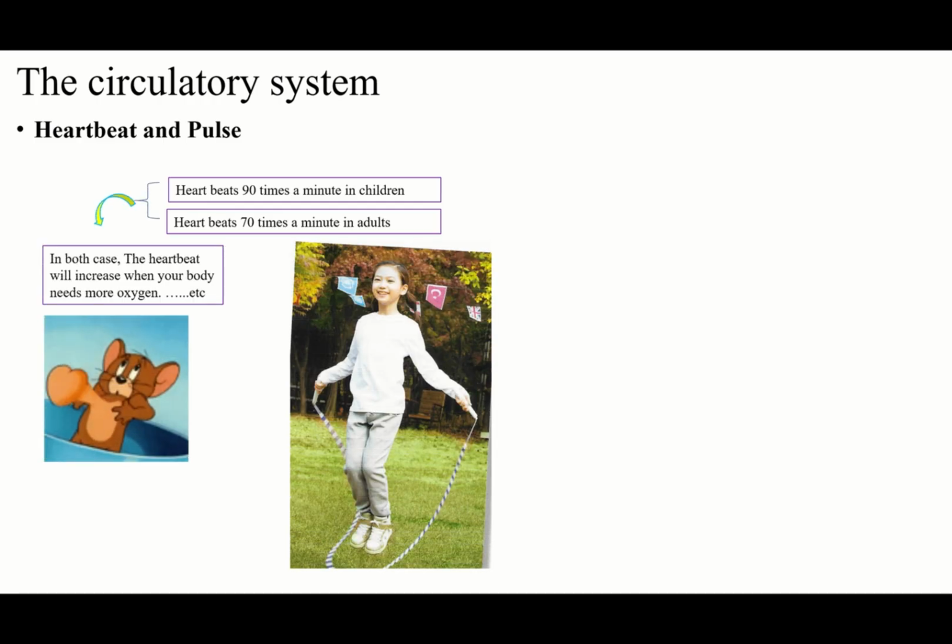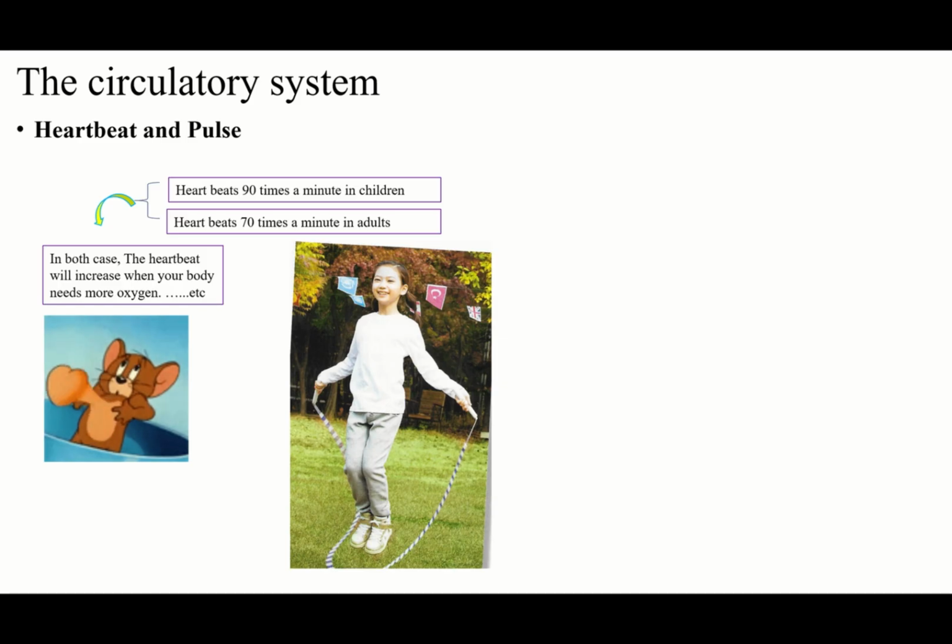So now, the heartbeat will increase when your body needs more oxygen. Of course, you know that when you are running, when you are playing or doing any other things, your heart is going to beat very fast. During any exercising, you will get tired, and your body needs more oxygen.